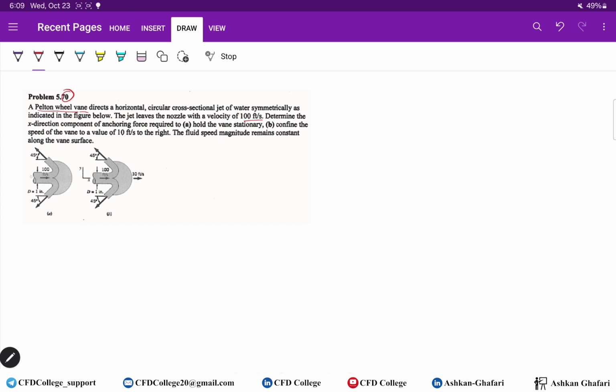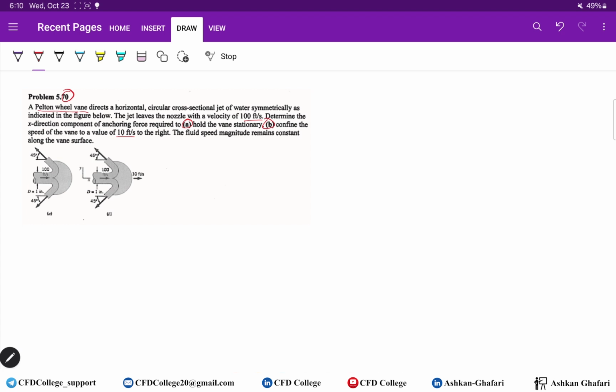So this jet impinges the wheel, the vane, and we want to keep the vane in place at part A, and we want to find the force we need. In part B, if the vane speed is 10 feet per second, what would be the force magnitude?